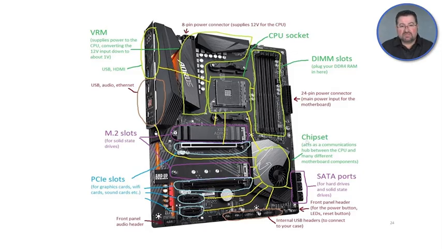So as weird as it looks, this is just a plate that's covering the M2 slot itself, but it looks like a stick of memory. And that's where the actual hard drive, which looks like a bigger stick of memory, will be placed onto the motherboard, and it's referred to as an M2 slot.